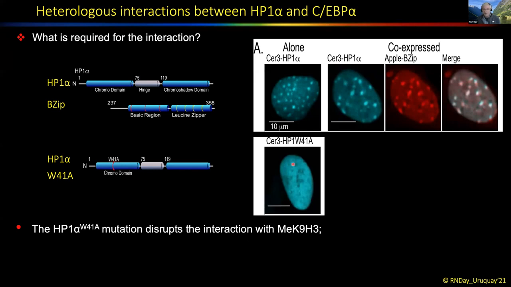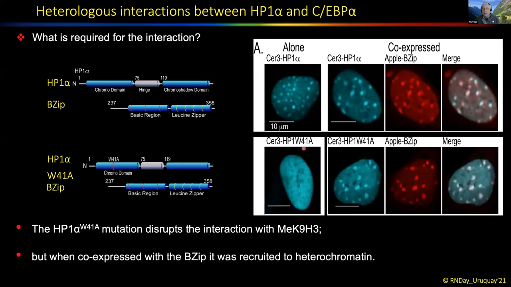And so we made that mutation. And indeed, what you can see is that this cyan labeled mutant HP1 alpha does not localize to heterochromatin. However, if we co-expressed it with the B-zip domain of CEBP alpha, they now co-localized in heterochromatin. So this tells us that the B-zip domain is able to recruit HP1 alpha to the heterochromatin.